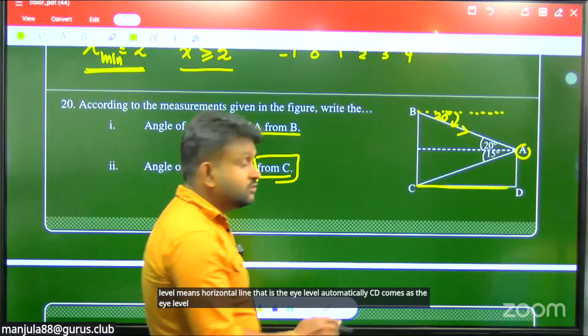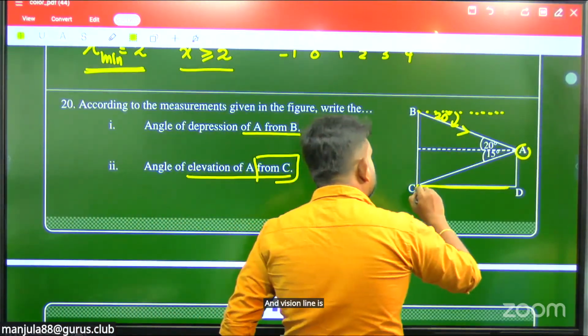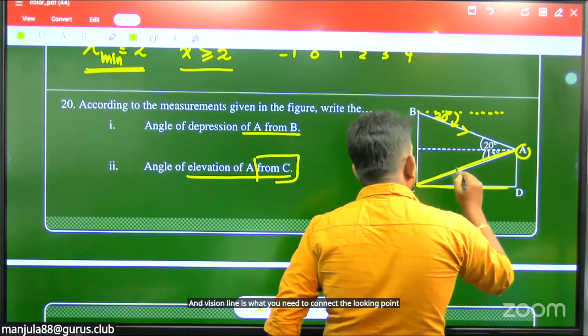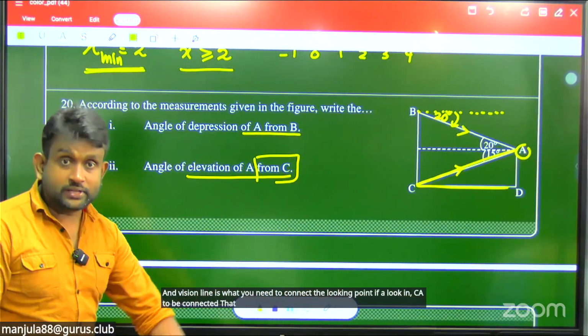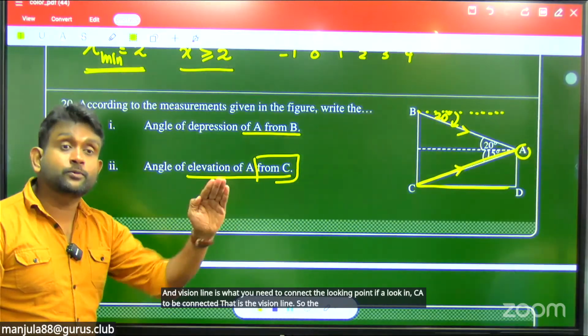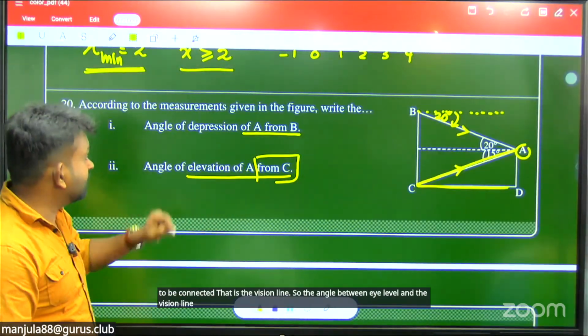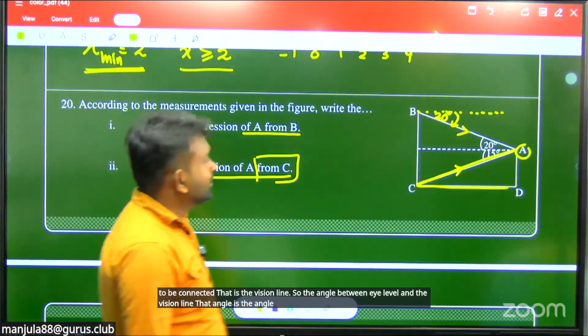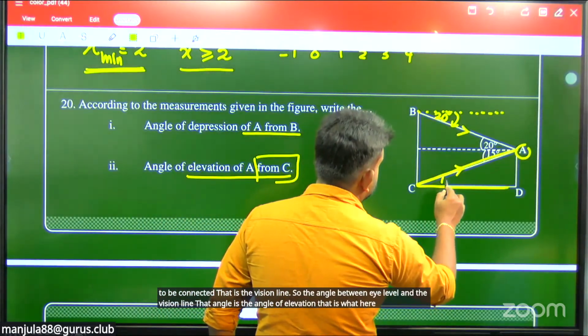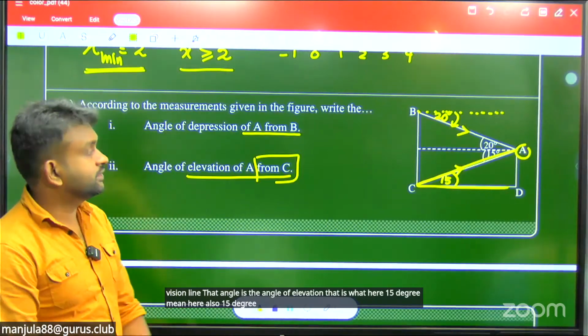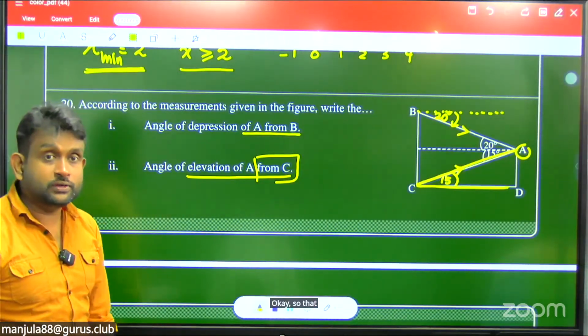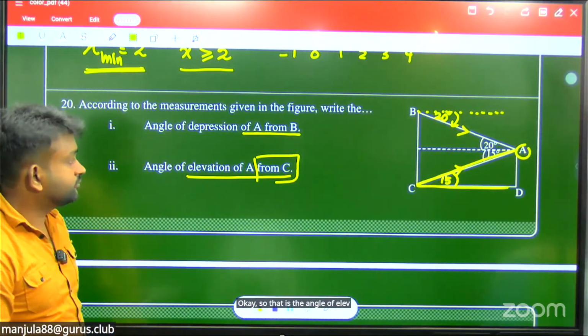And the vision line is what you connect from the looking point. If A is being looked at, CA is connected, that is the vision line. The angle between the eye level and the vision line is the angle of elevation. Here 15 degree means here also 15 degree. So that is the angle of elevation, 15 degree.